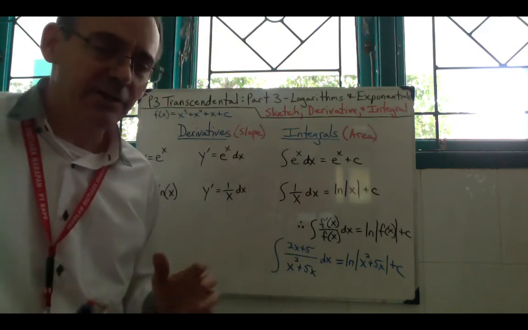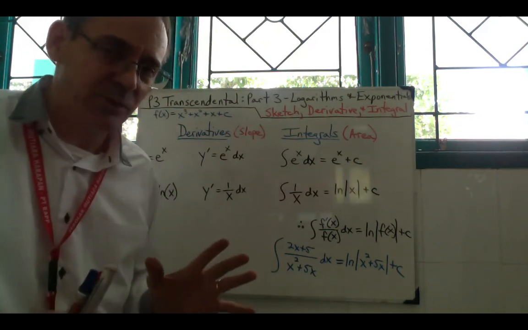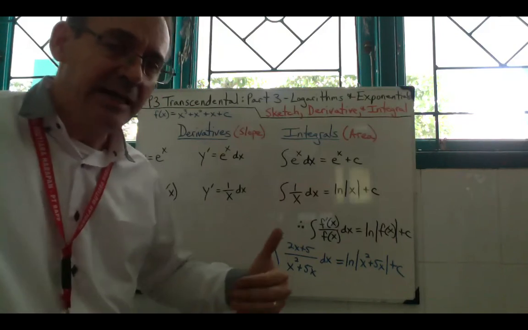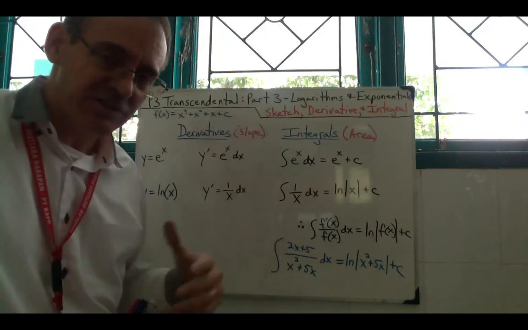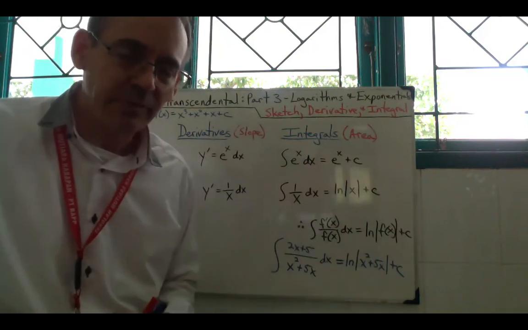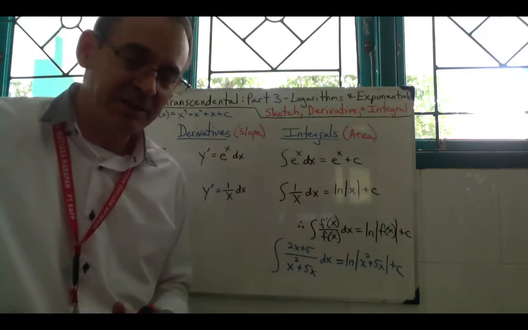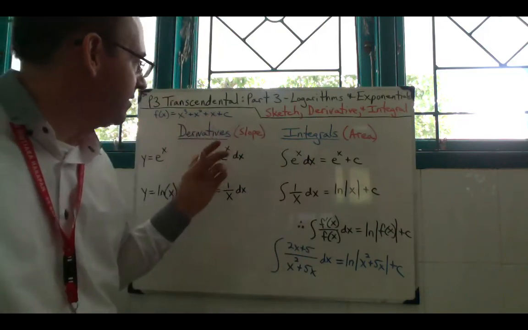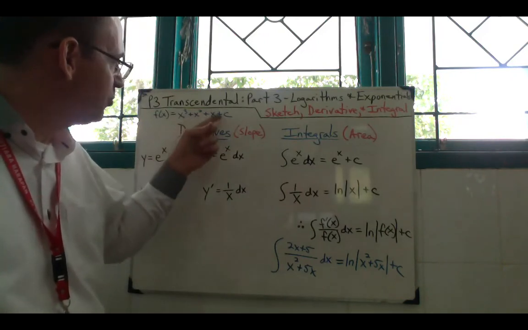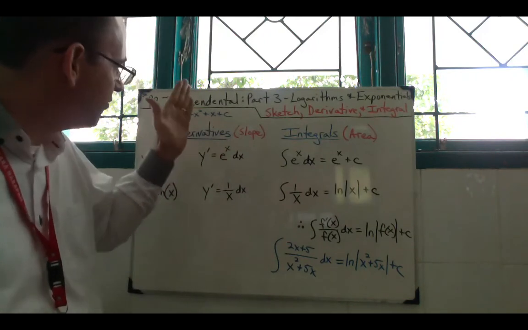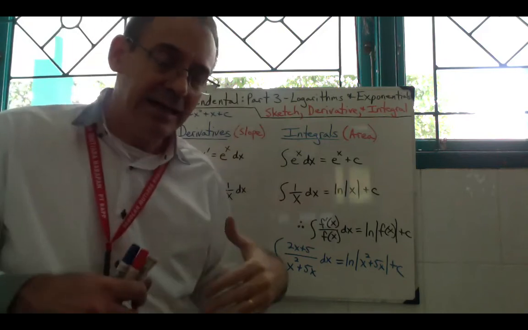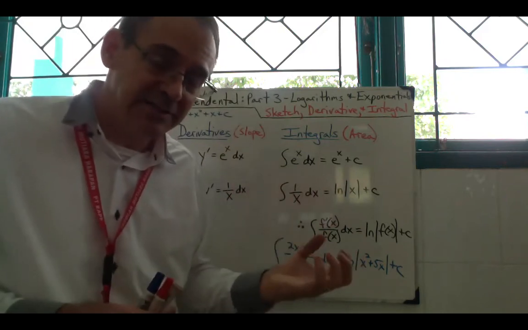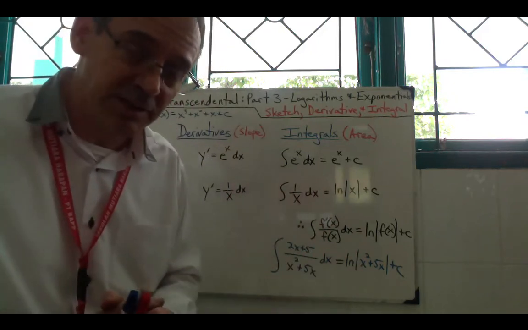Now, we don't have a lot of examples that we can actually work through because after transcendental functions, the next unit is going to be derivatives. And we're going to expand from being able to do polynomials where you did one term at a time. We're going to expand into products and quotients.